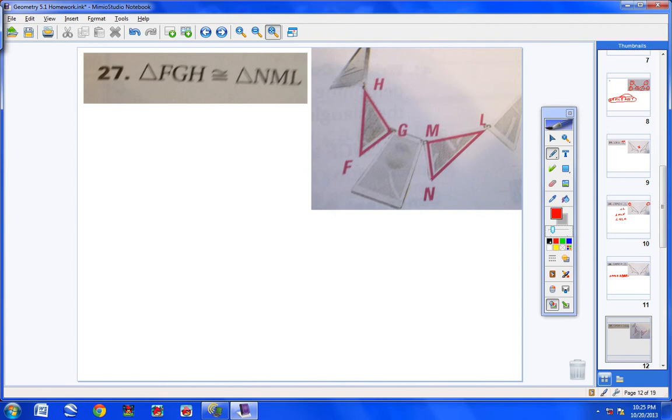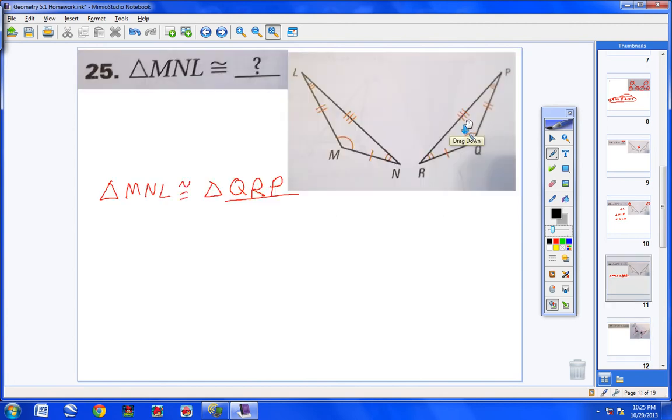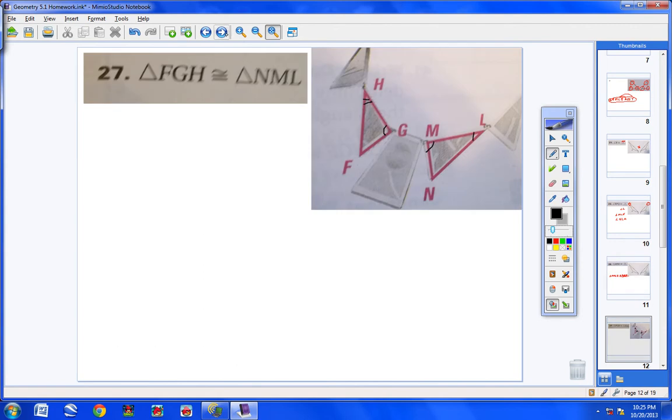So what I need to do is mark the congruent angles, like this angle here is going to be congruent to this angle, and this angle here is going to be congruent to this angle. So 2 slashes. And then this angle here will be congruent to this angle here. All right? So we're probably going to copy that one over and over, I believe, and use this one.